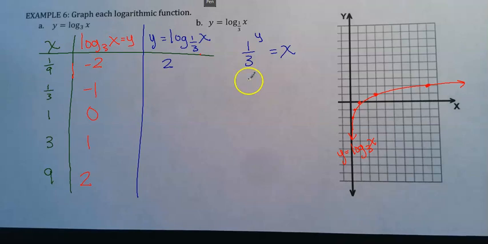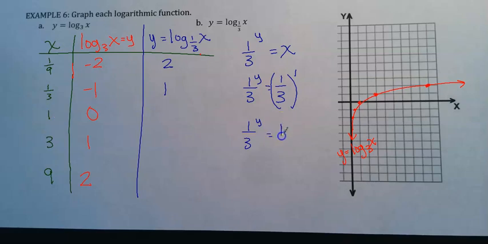All right, for our next one, we have (1/3)^y equals 1/3. Okay, well this is to the exponent or the power of 1. So we've got 1 for the next one. That one's pretty good. Then we've got (1/3)^y equal to 1, because our x is 1.